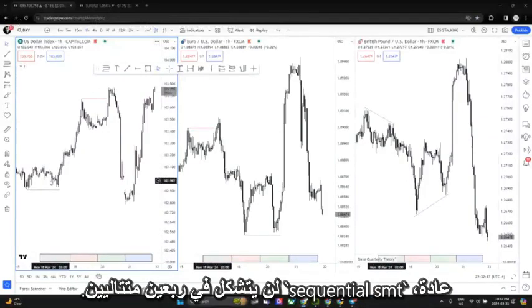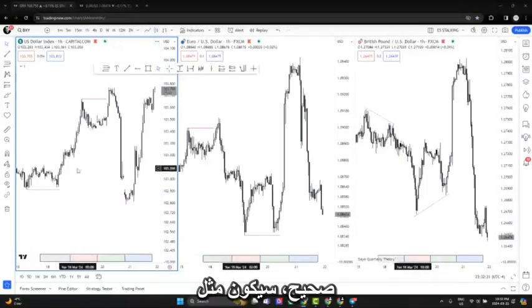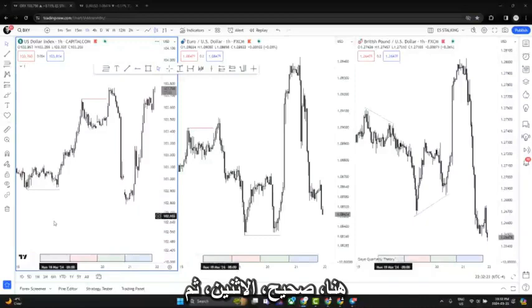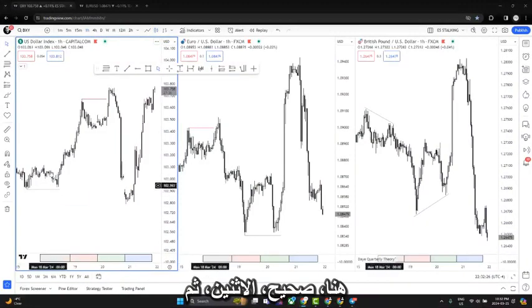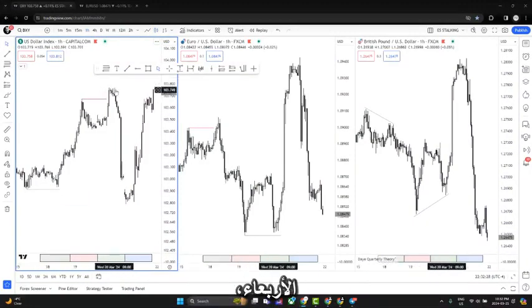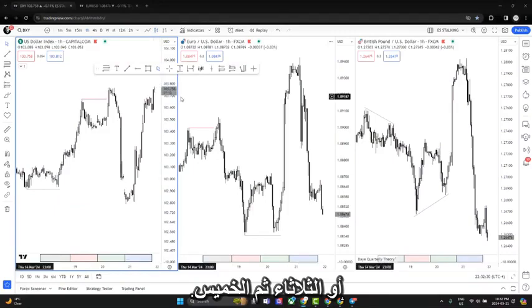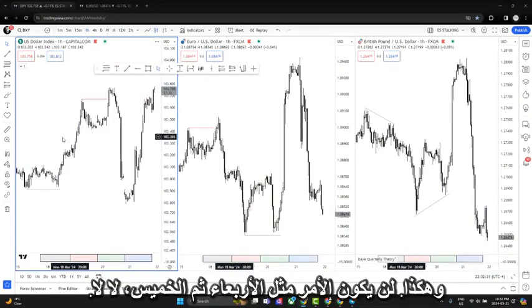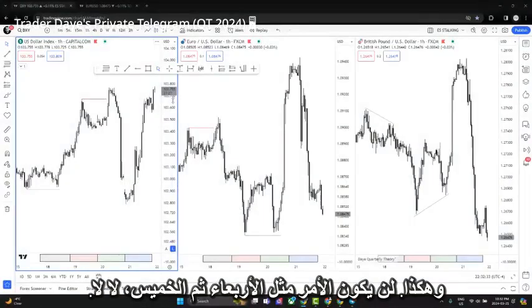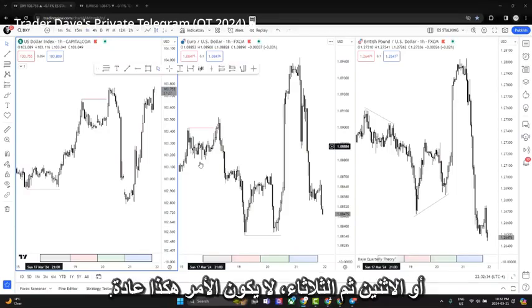Usually, a sequential SMT will not form in 2 consecutive quarters, right? It will be like here, right? Monday, then Wednesday, and so on, or Tuesday, then Thursday, and so on. It's not gonna be like Wednesday then Thursday, or Monday then Tuesday.